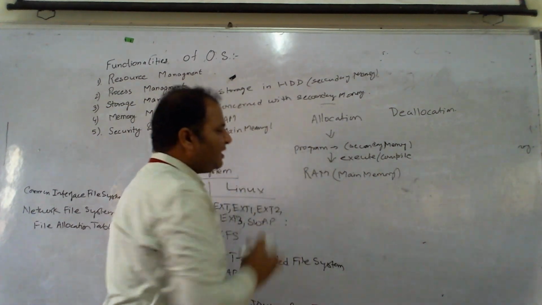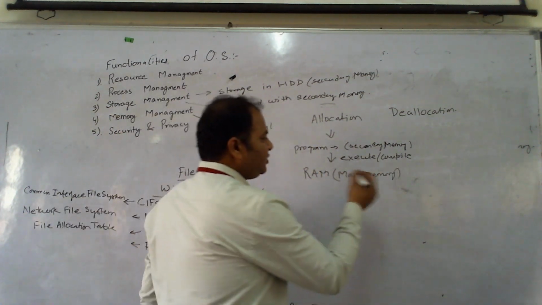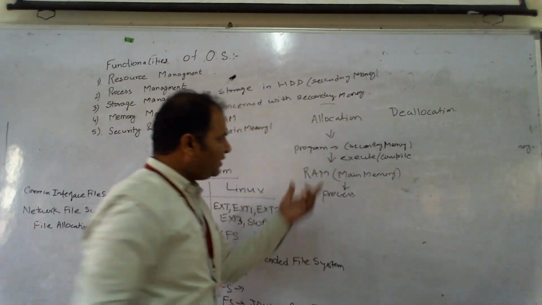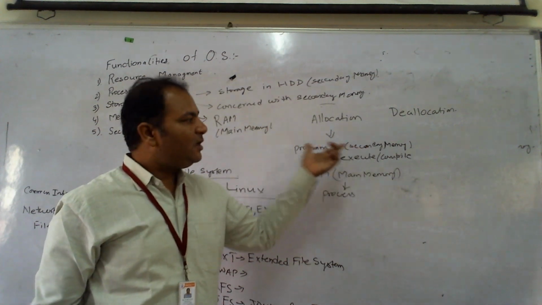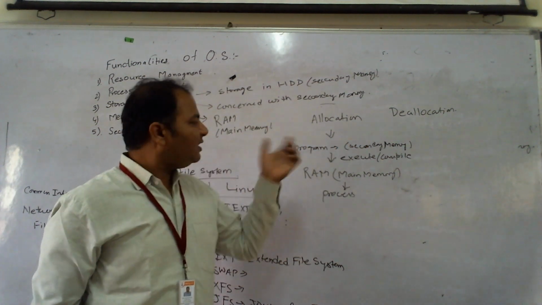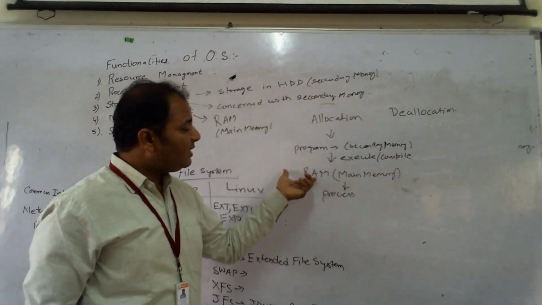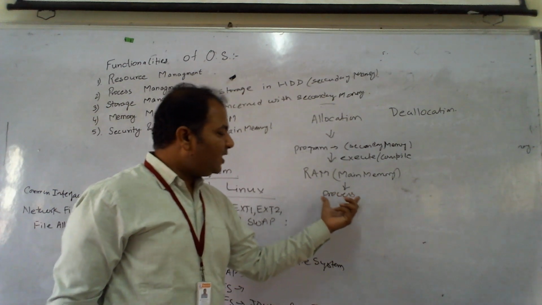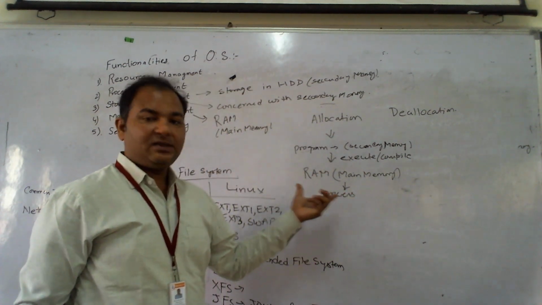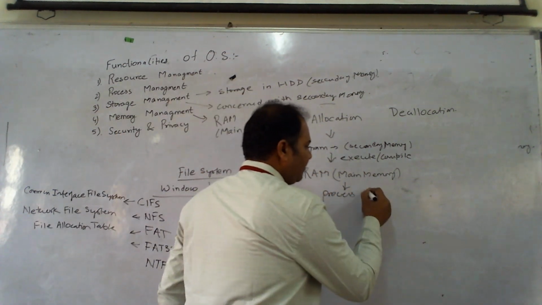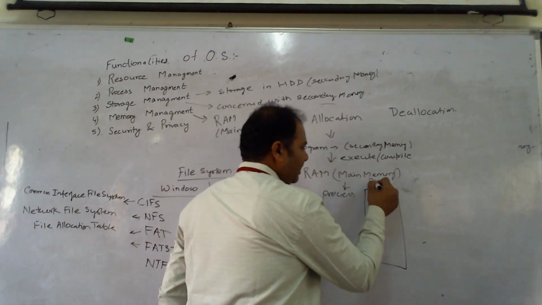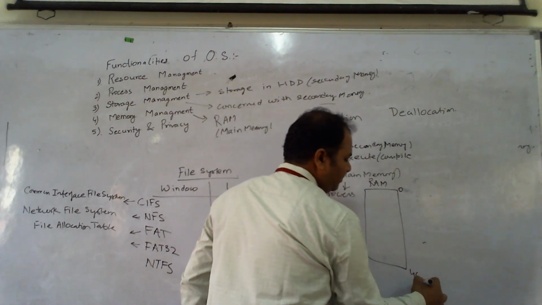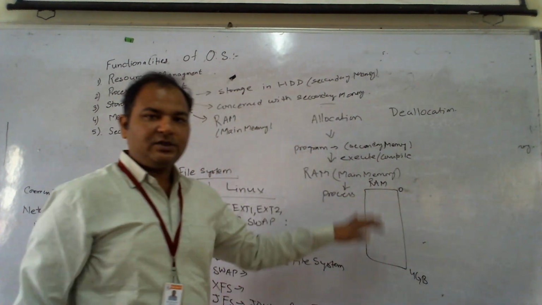When it enters the RAM or main memory, it changes into a process. The program which is in the secondary memory we call a program. When it enters the RAM, it is converted into a process, and it will take some space.